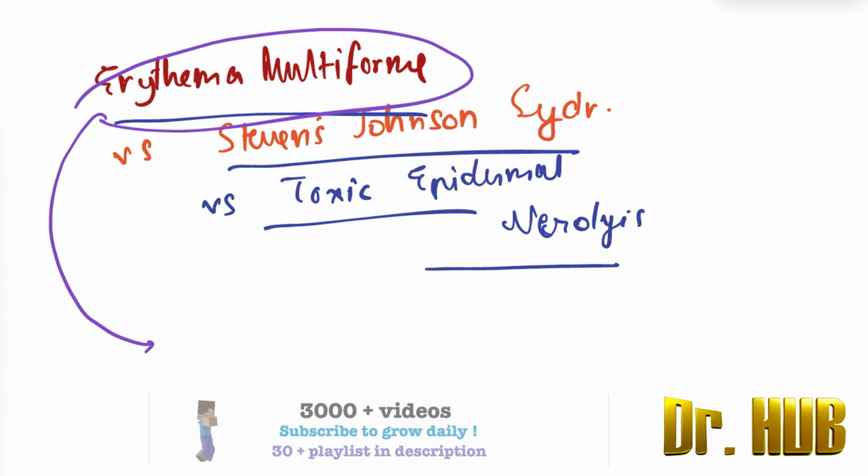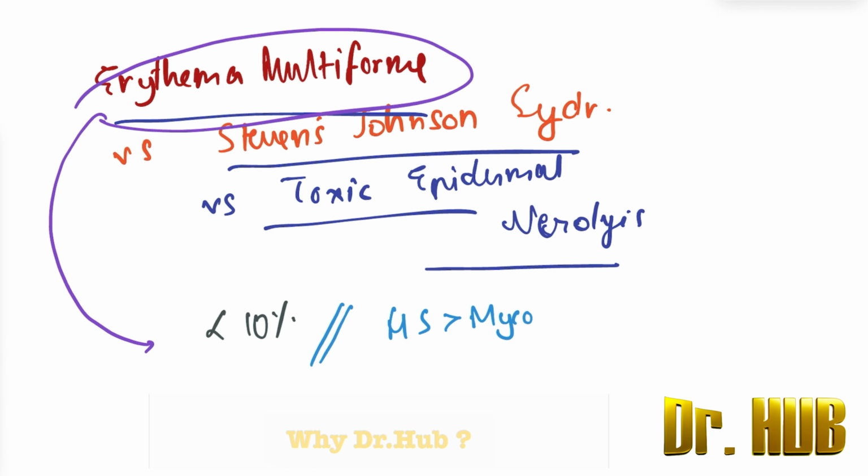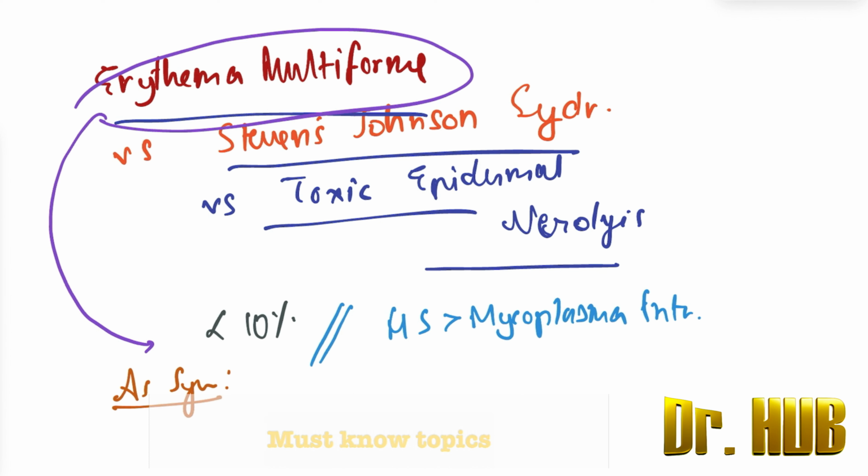Erythema multiforme involves a BSA, that is body surface area, of less than 10%. What are the causes? The causes are mainly herpes simplex, greater than mycoplasma infection. The associated symptoms include less fever and other constitutional symptoms.